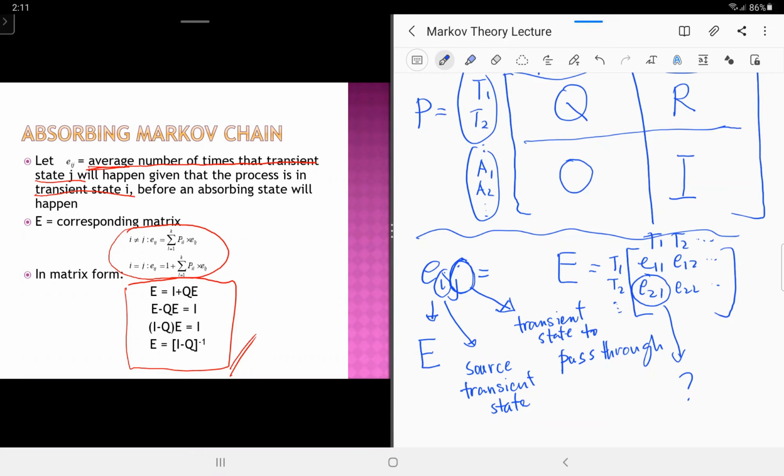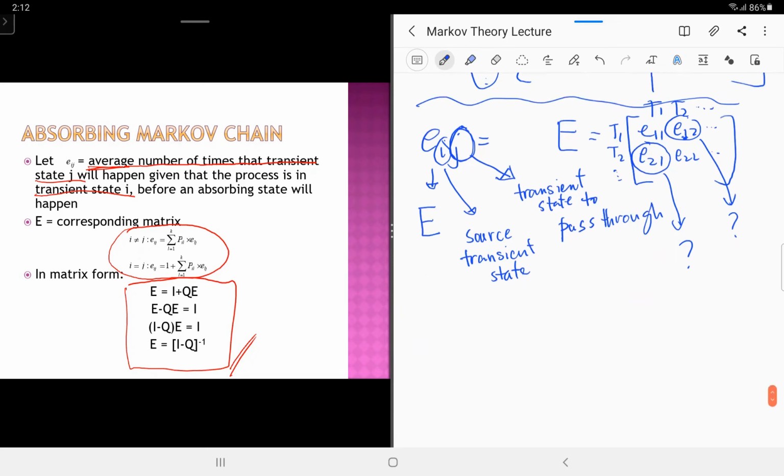As I've said, the first subscript is your source transient state. So for E12, it means that you are in transient state 1 and you are counting the number of times you have to pass through transient state 2 before you finally get absorbed into an absorbing state. Okay, so this is what the matrix is all about.